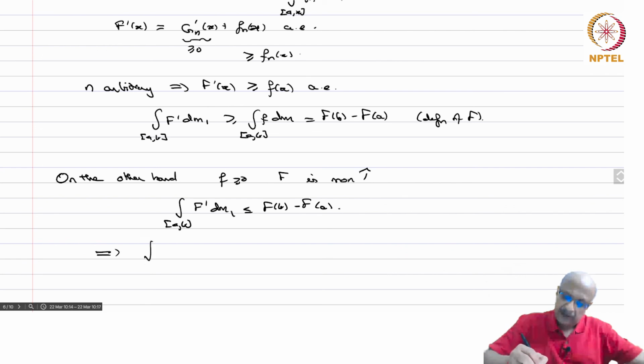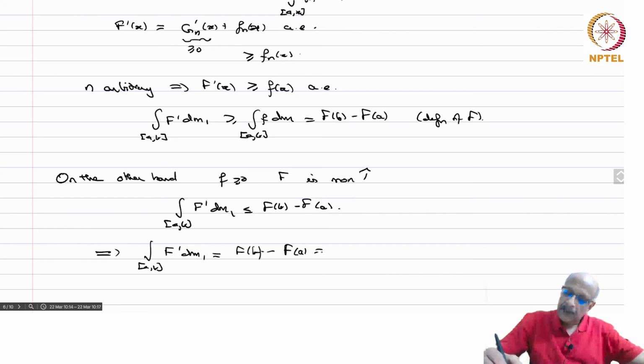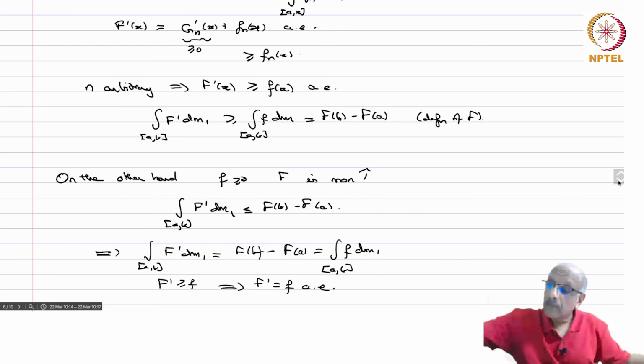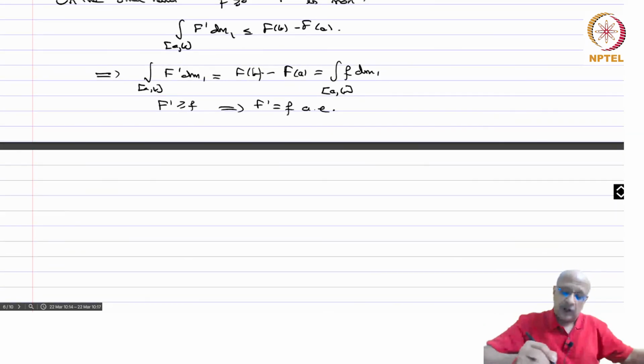This implies the integral over [a,b] of F' dm1 equals F(b) minus F(a), which equals the integral of f dm1 over [a,b], and F' is greater than or equal to f, and this implies that F' equals f almost everywhere. So this proves it for non-negative functions.